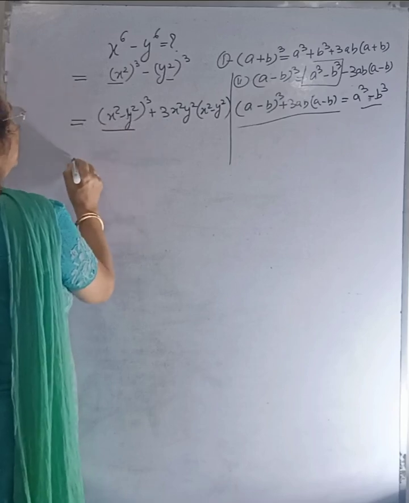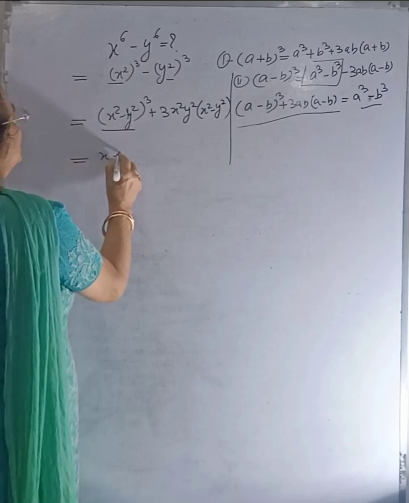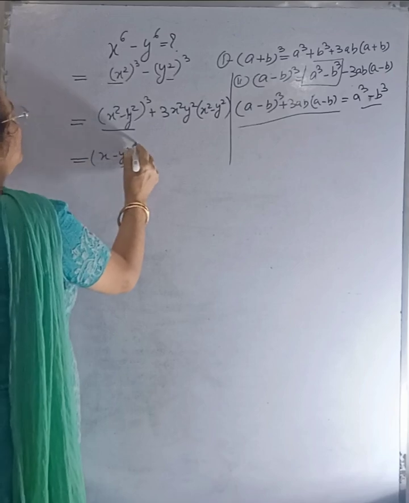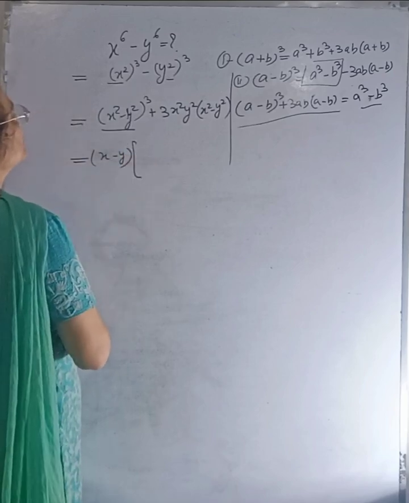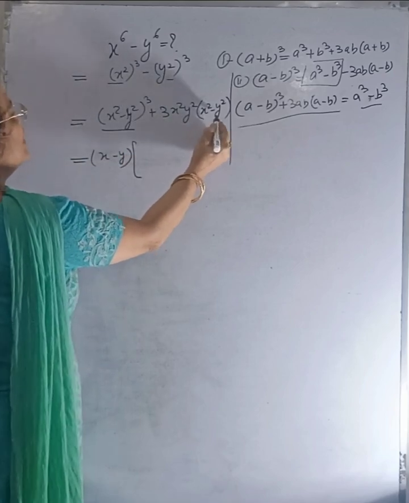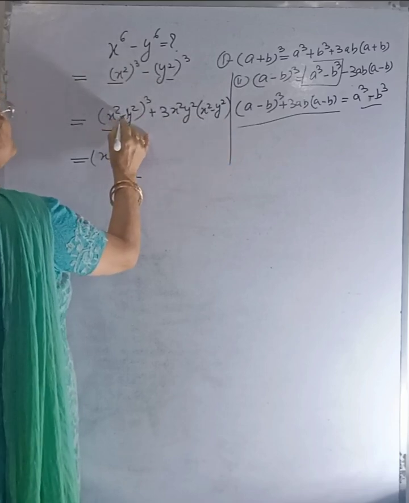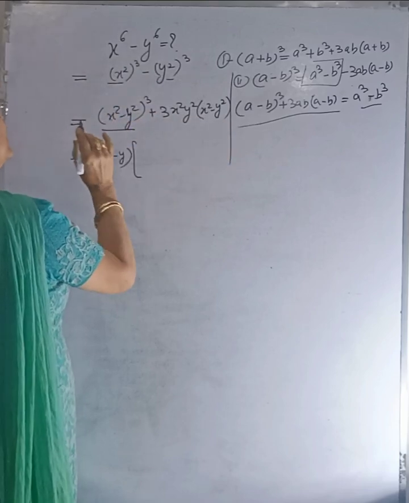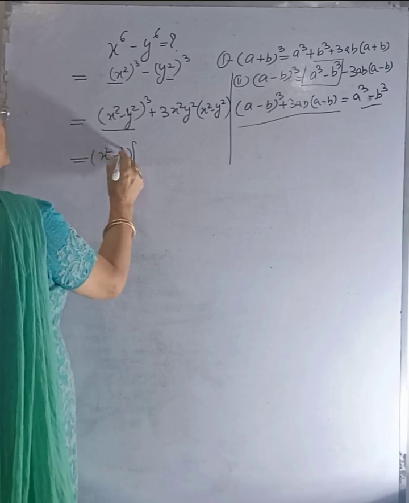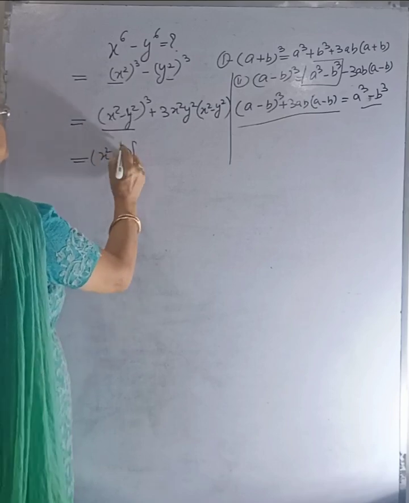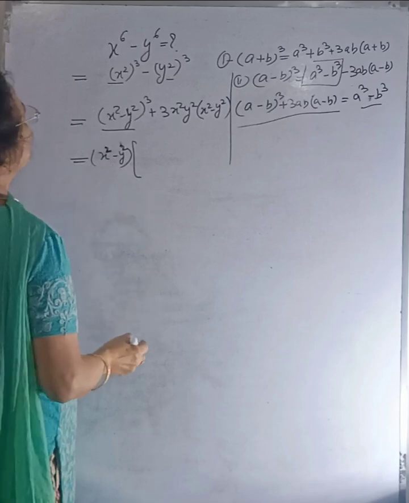From this we can take x square minus y square, single power, as common, because this is x square minus y square and this is x square minus y square whole cube. So that single x square y square can be taken as common. Okay, correct.